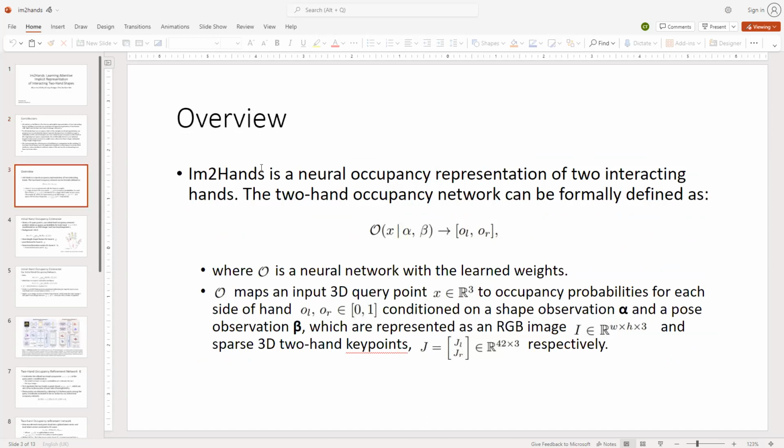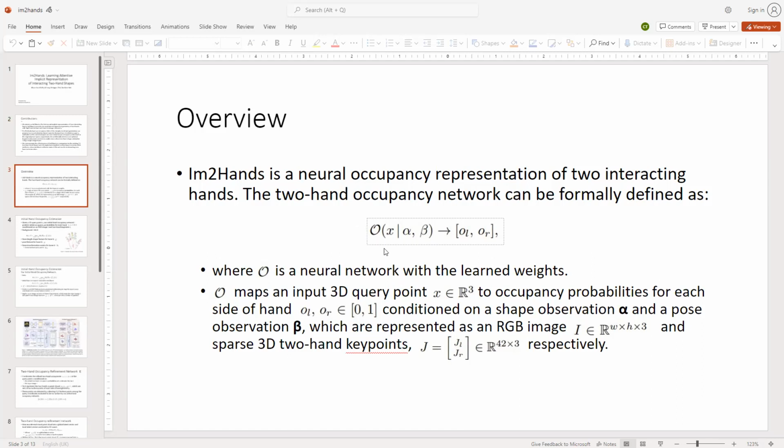So here's the overview. We have an occupancy network, like I said, and we will be modeling a 3D scene. We model the scene in a 3D space.